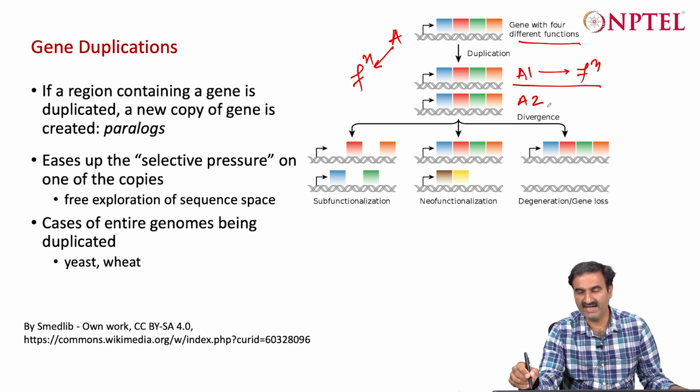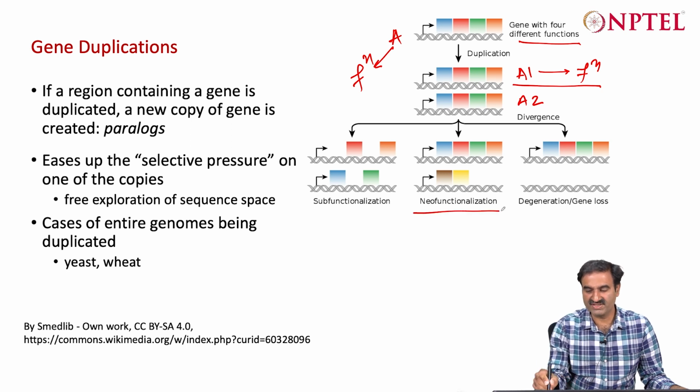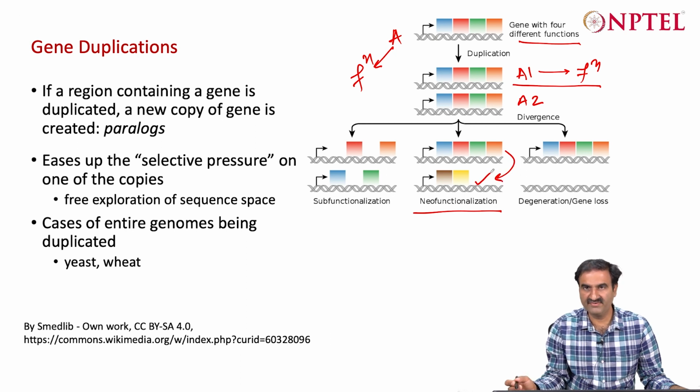So now A2 can diverge or change over a period of time, and that will not impact the functioning of the original A or A1 gene, but it can lead to the origin of a new function, right. So it can lead to neofunctionalization, where this copy changed, or sub-functionalization, where the two copies have their own specific role.